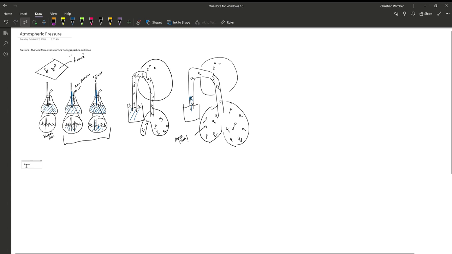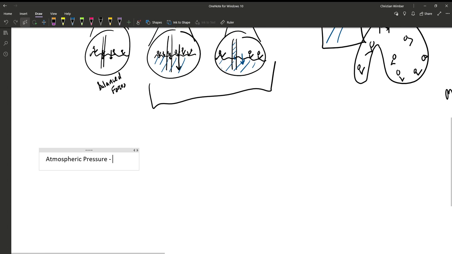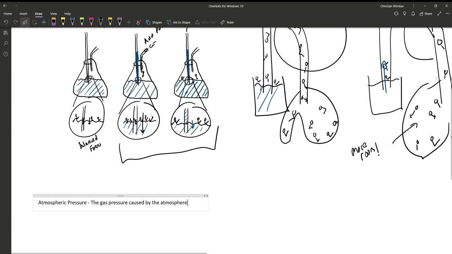We call this the atmospheric pressure. And this was the case in both of these. Both of these are just situations where the atmosphere is pushing air particles up the straw.